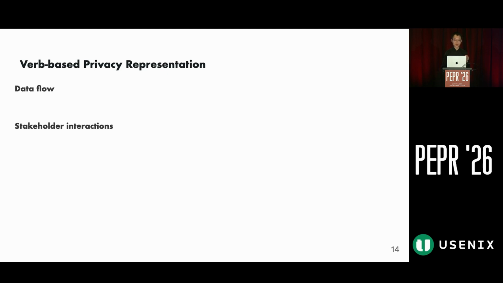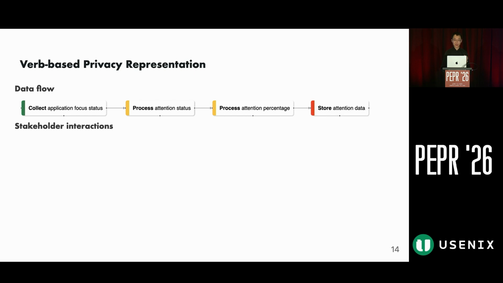So building on this idea, we designed a verb-based representation for privacy, where each node in the representation is a verb. For example, we still use the Zoom attention case. It will first collect the application focus state from the users, then process the attention status and generate the attention scores, and store the attention data on its server.